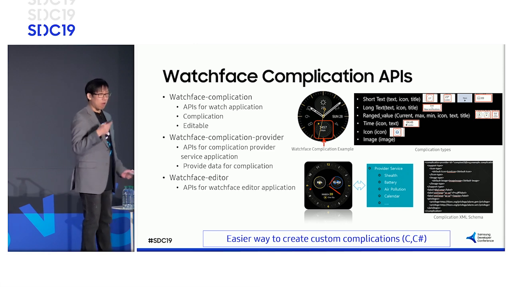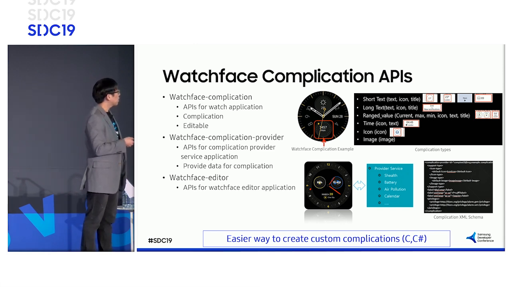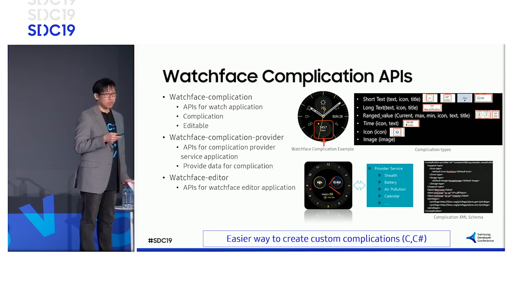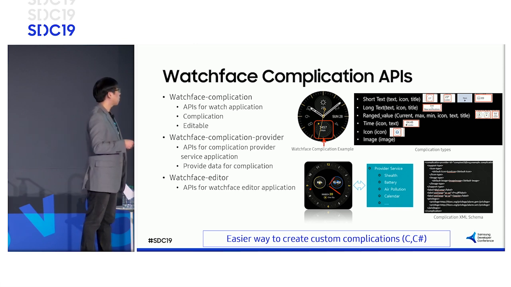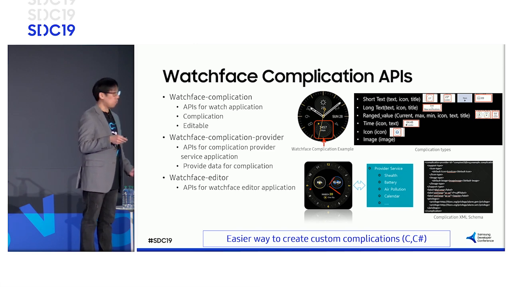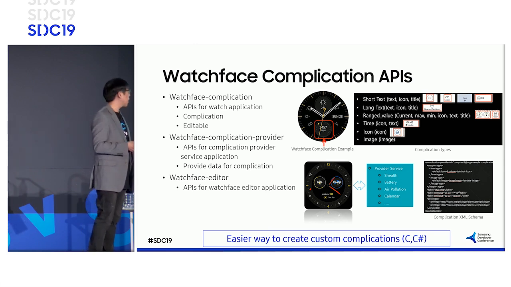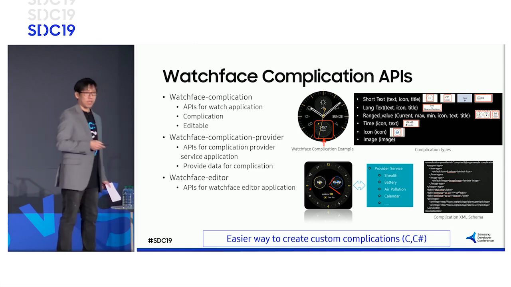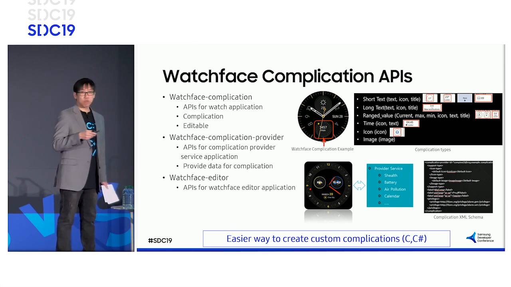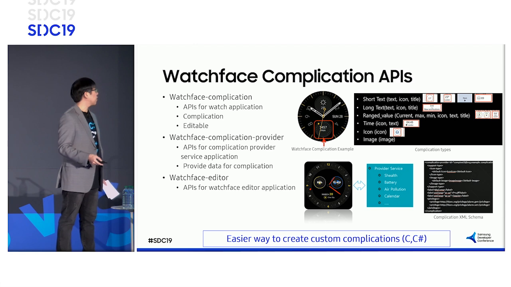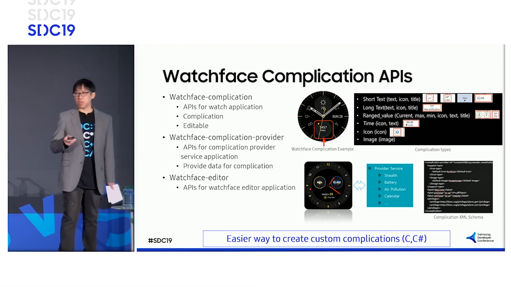To give you some outlook on how it works, we define complication types such as short text, long text, and images. Whenever a provider has an update, it sends a notification to the complication, and the watch face should update the image or text to show the updated information. We also added a watch face editor API, which can later be used by tools to update complications dynamically on watches and on mobile devices. That's the beauty of the watch complication API.